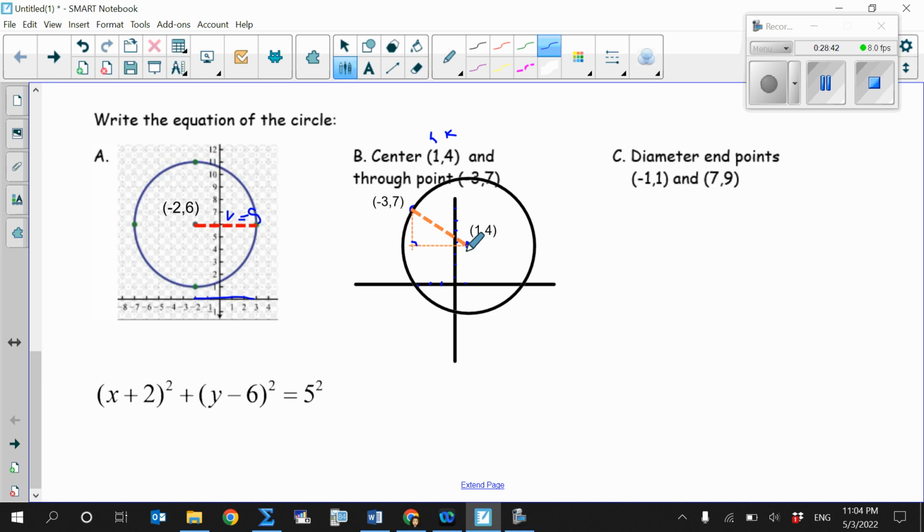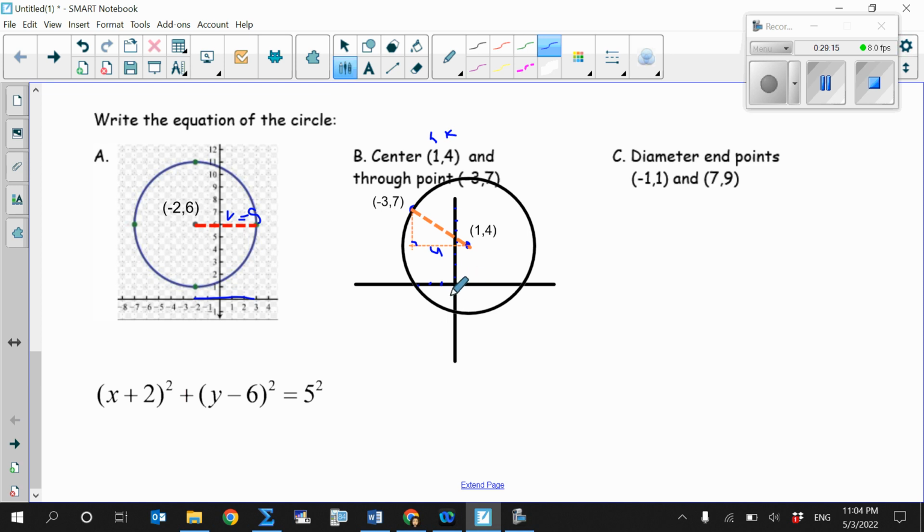Now, how do I find the horizontal distance between these 2 points? I'm sorry, for the horizontal distance, subtract the x values. So 1 minus negative 3, that's going to be 4. 1 minus negative 3 is 1 plus 3, it's 4. Or you can also look at that here. The bottom, you have 1, 2, 3, and another 1 here.